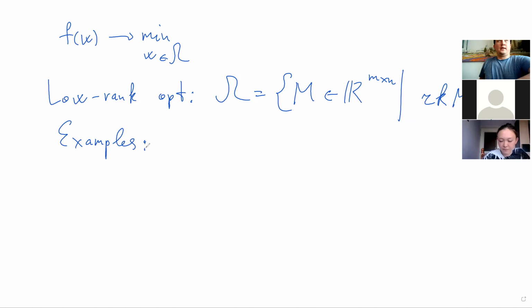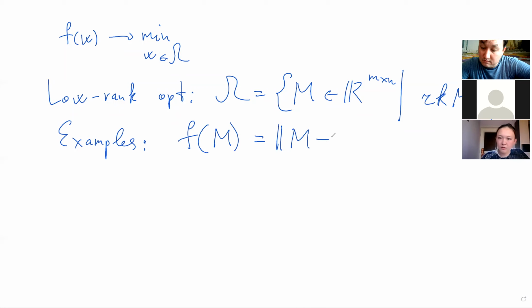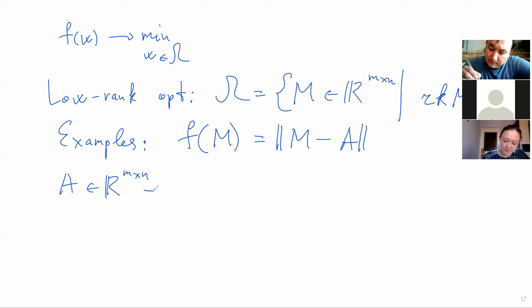Example number one: our function is a function of a matrix M that we try to minimize, which is roughly some distance between the matrix M and a fixed matrix, let's say A. A is given, so it is part of the input.